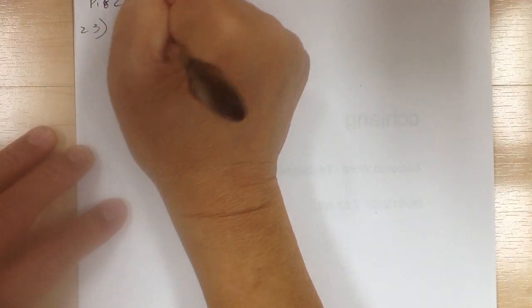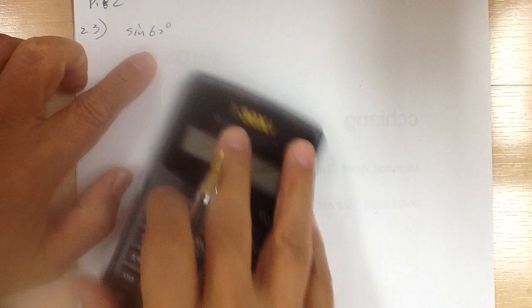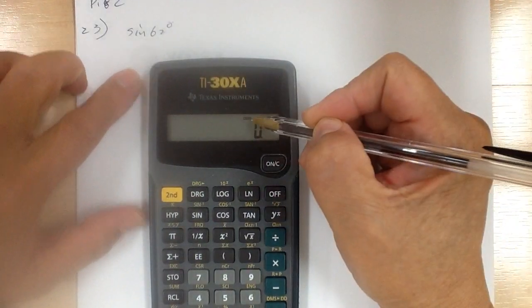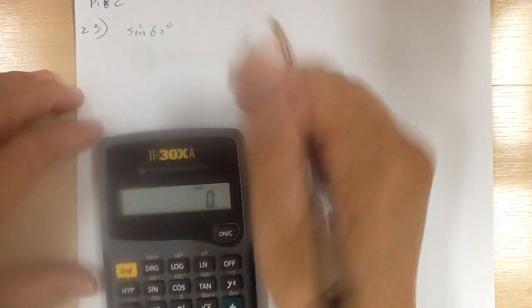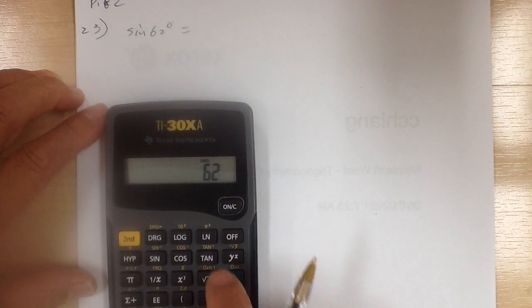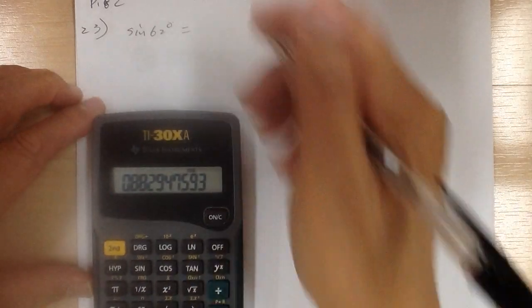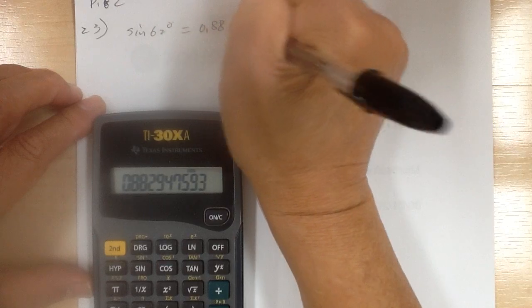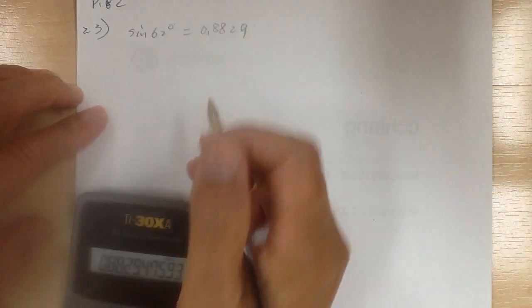So you've got sine of 62 degrees. This is degrees, so make sure you have the DEG over here. Get your calculator, you go 62 sine of that, and to 4 significant digits, this will be 0.8829.